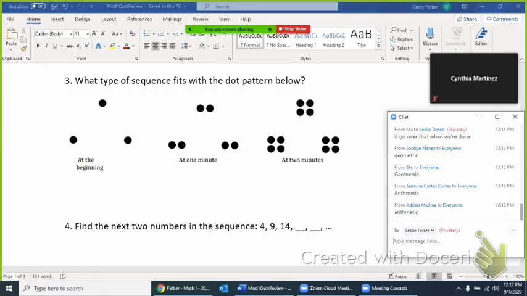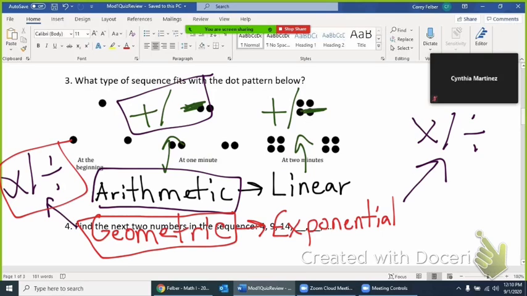Okay, so good. We got people saying both things. Let's start with what Emmanuel said here. The pattern is times 2. Good, Jasmine. The pattern is times, and geometric is multiplying, or dividing.